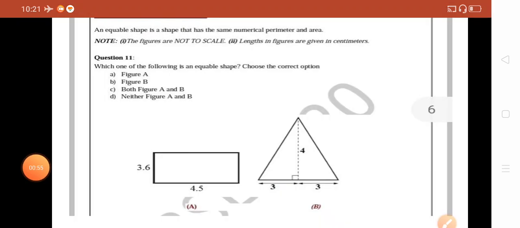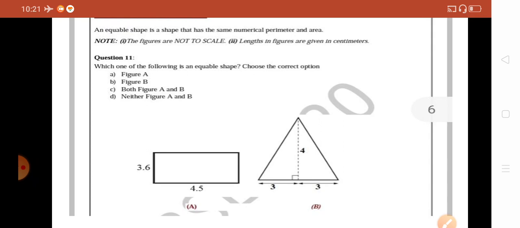So the first question based upon this is, which one of the following is an equable shape? You are given two figures A and B, and you have to find out whether these two are equable shapes or not. So we will find out both the perimeters and areas of these shapes, and from there we will conclude whether these shapes are equable or not.